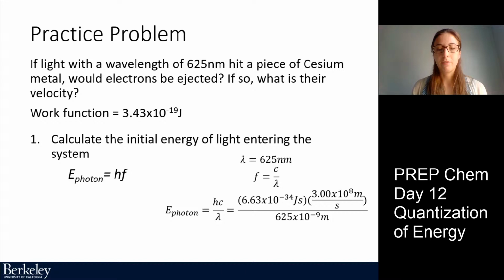That would give us the following equation: energy of photons equals Planck's constant times the speed of light divided by your wavelength. You can write all of that out, and then solve for the energy of your incoming photon, and you would get 3.2 times 10 to the minus 19th joules.